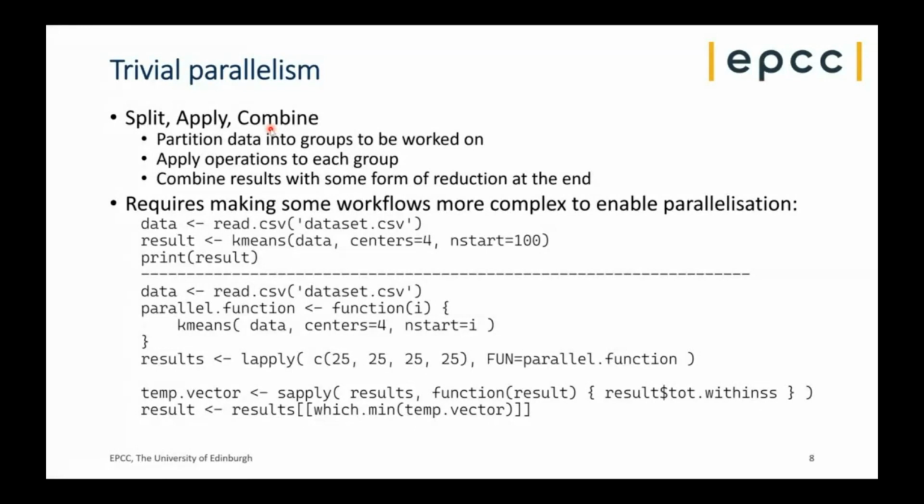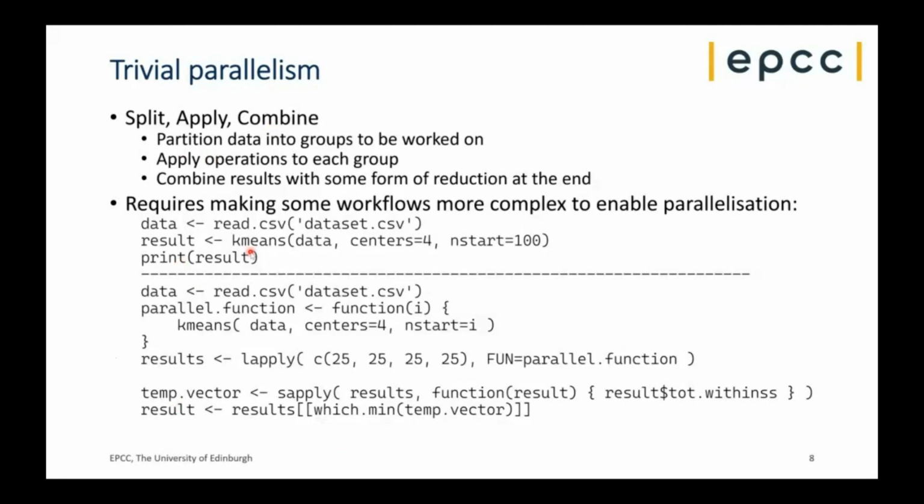We can use functionality to split, apply, and then combine data, which is built into some of the libraries we have in R. And so we can split up data, which does the partitioning of our data into multiple groups to be worked on. We can apply operations to each group, and then we can combine results at the end here.